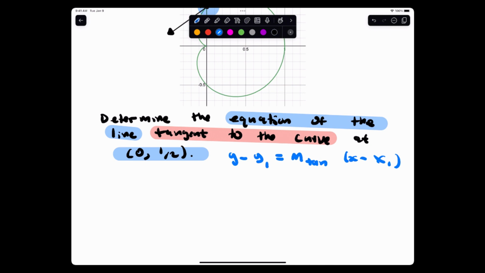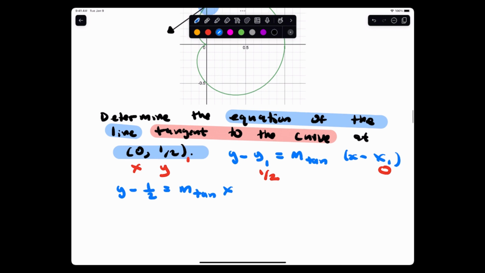Did they give you guys a point? Yeah, they gave an x and y coordinate. They gave us an x1 and a y1. In this case, x1 is 0, and y1 is what? 1/2. So we have y minus 1/2 is m tangent times x minus 0. And what is x minus 0? Isn't that just x?